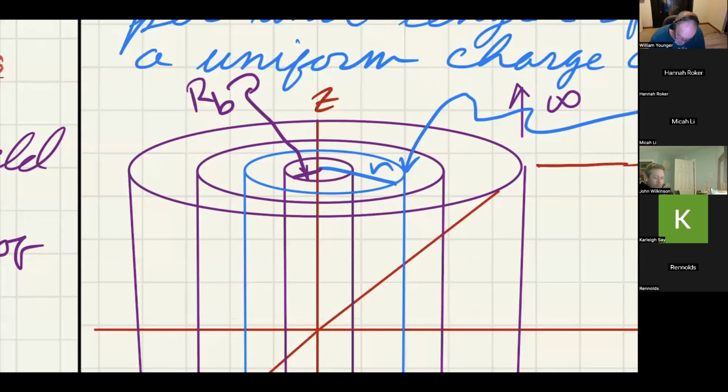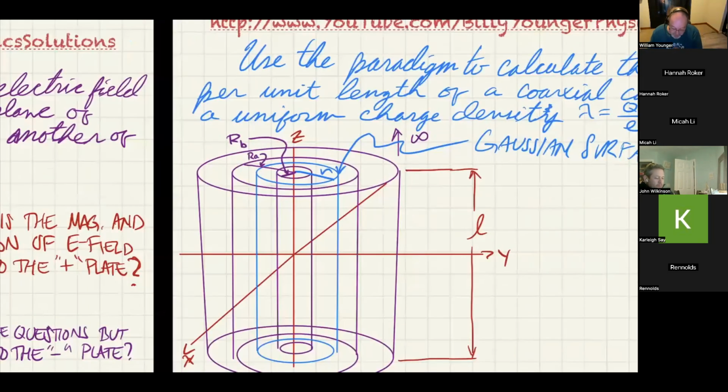Actually, that's a horrible looking arrow. And I'm going to call this radius from here to here RA. Okay, so now I've got all the dimensions I need.